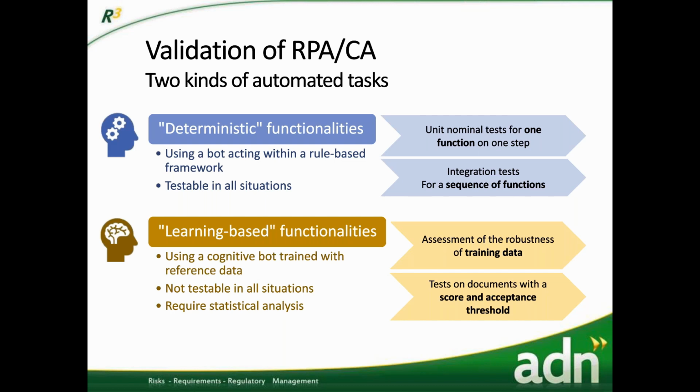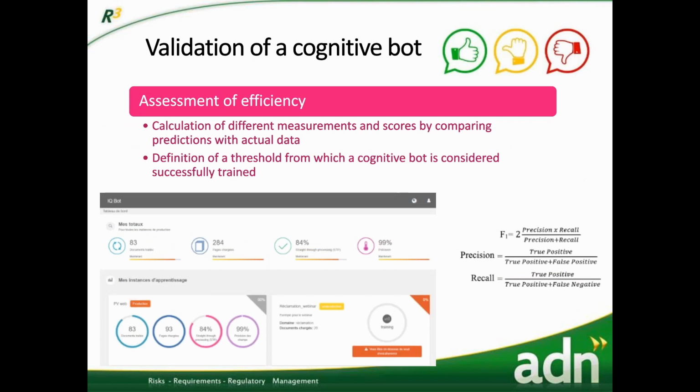The testing with unseen data to assess the effectiveness of the bots has to be scored and put with some acceptance threshold. This kind of scoring has been shown by Yawen in his demonstration.